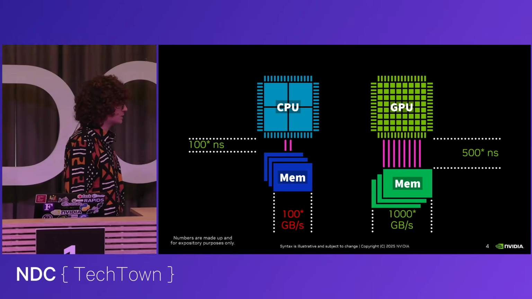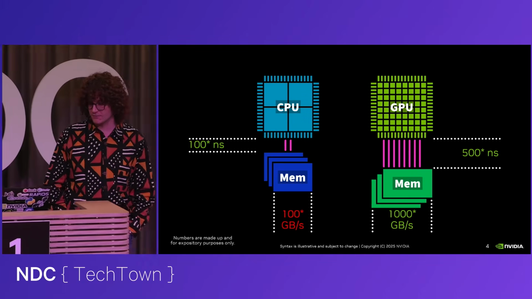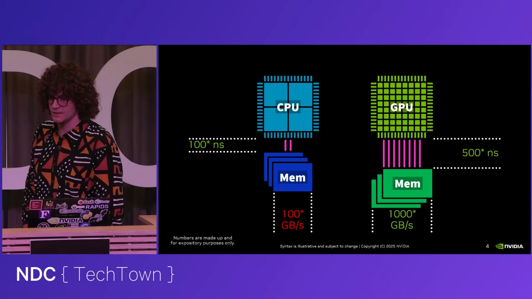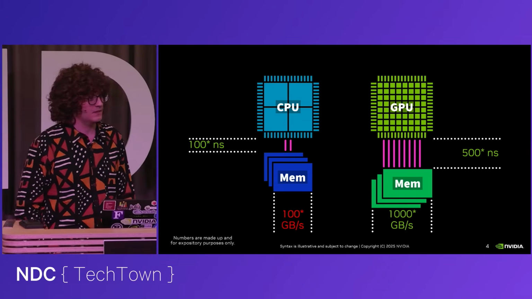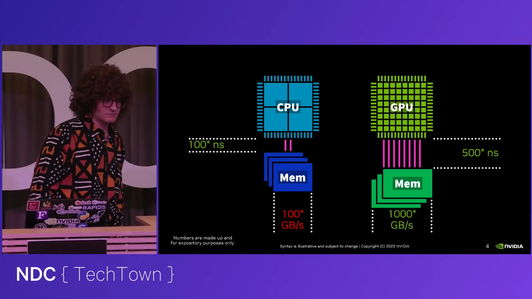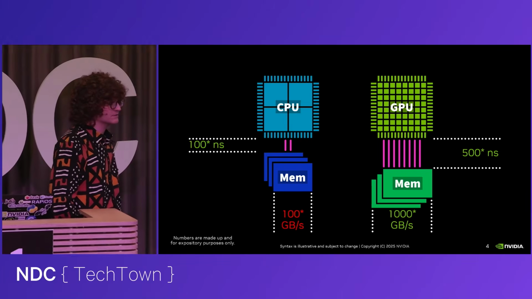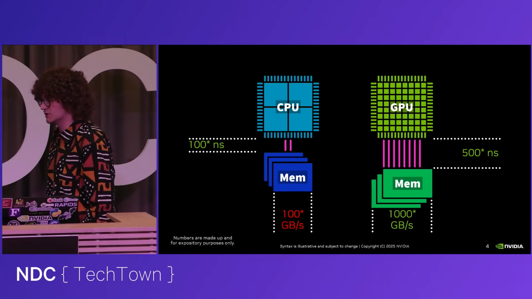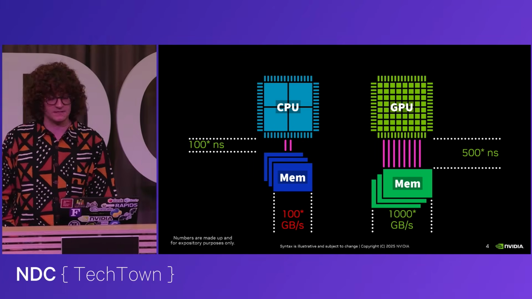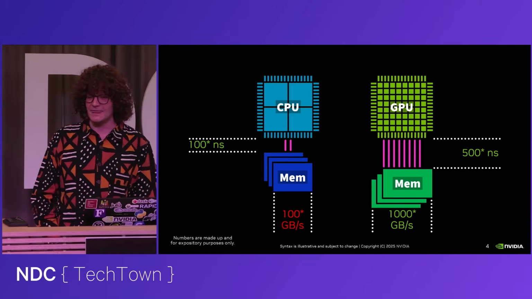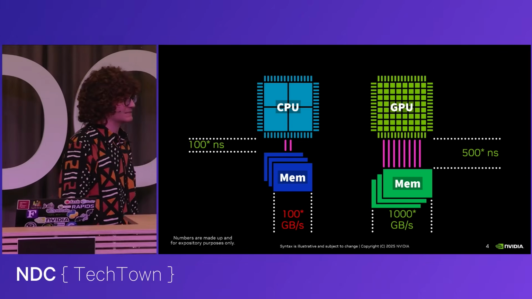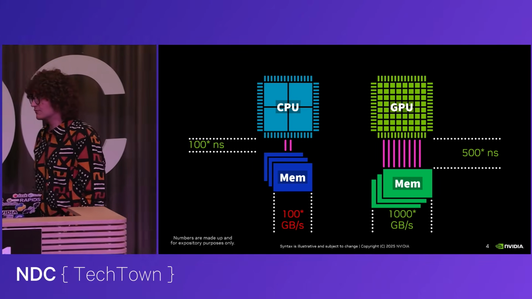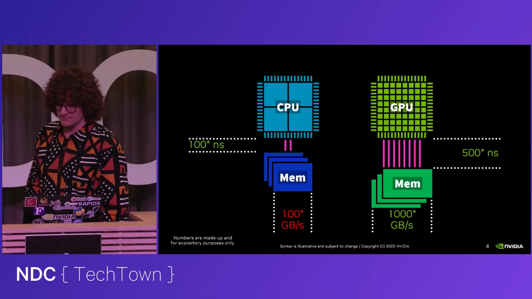They can run hundreds of thousands of threads, but each one of those threads is substantially weaker than CPUs. And unlike CPUs, GPU cores are a lot simpler. They don't have out-of-order execution. They don't do speculation in the same way that CPUs do. And that means that their memory latency is substantially higher, but memory throughput is much greater.